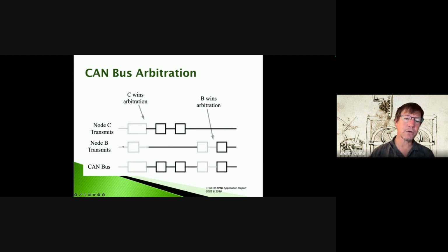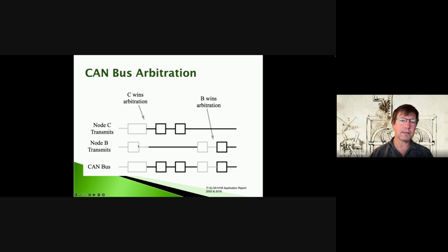And so they both start talking, but they're both still listening while they're doing that. And B stops, right? They've sent their little ID, which represents our identification, but also encodes their priority.